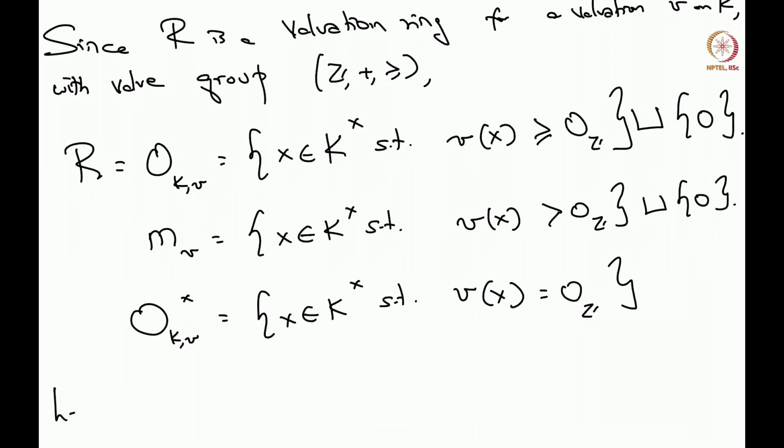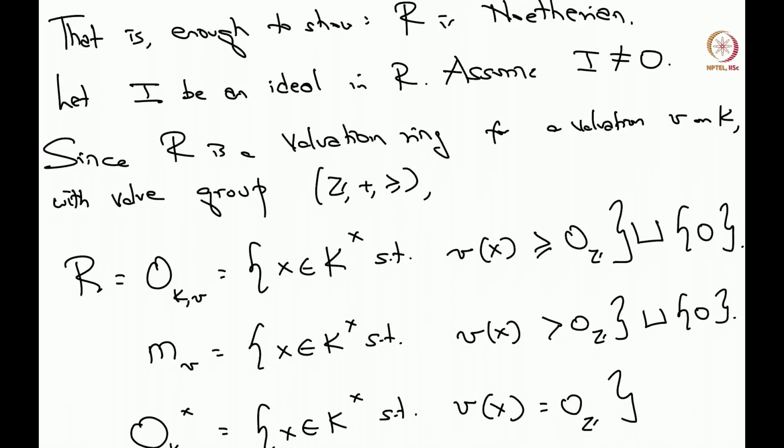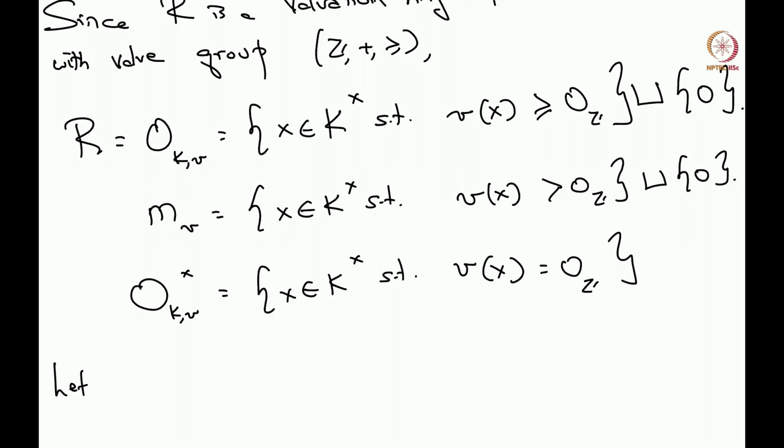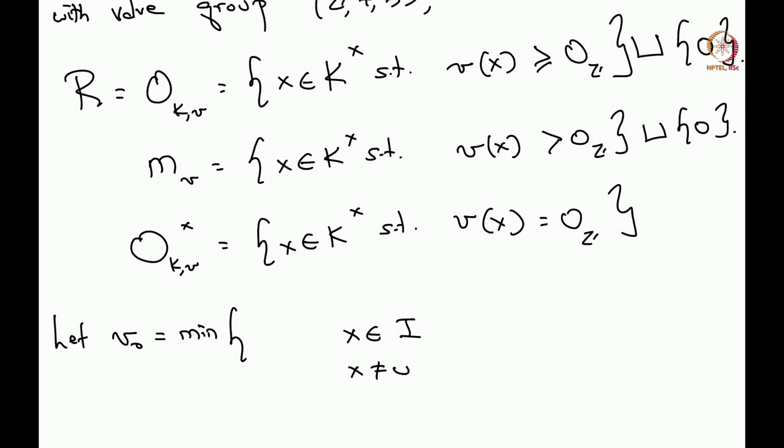Now we began with this ideal I, and we want to use the property that the value group is isomorphic to Z. So define an element V naught, which is the minimum, where you run over all the elements x in I with x not 0.